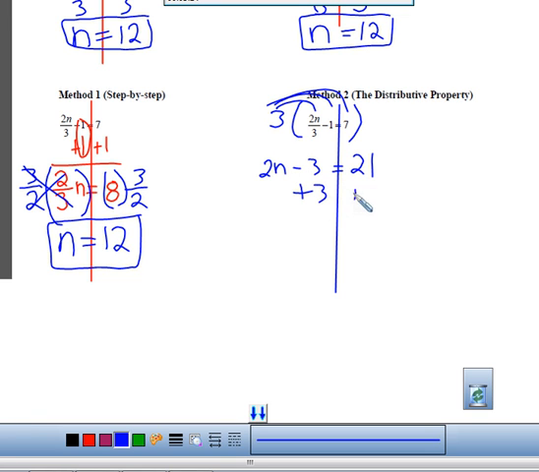Add 3 to both sides. And I think what's nice about this is, see, over here in the first method, I ended up having to deal with a fraction by multiplying by the reciprocal. In this case over here, essentially, I get rid of fractions altogether. And for some of you, that might be a really good thing.